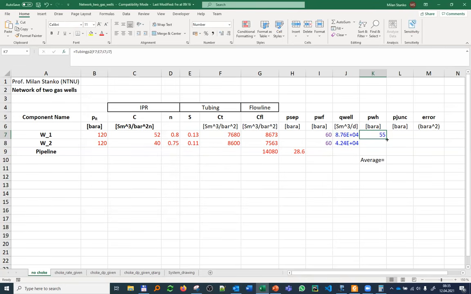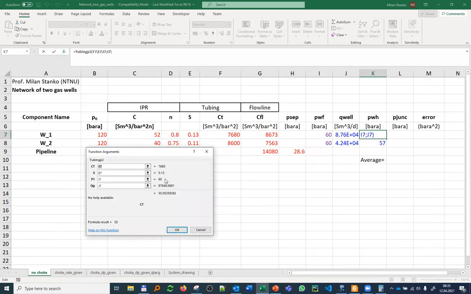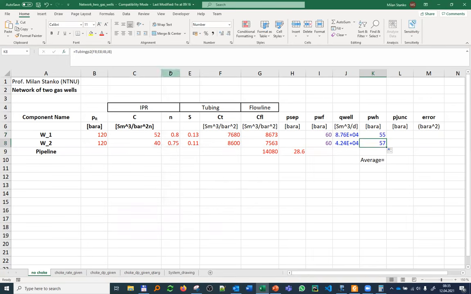You see I end up with 55. The difference is only 3 bar, so it's a very big tubing apparently. I have almost no pressure loss in the tubing, so let's make sure things make sense.